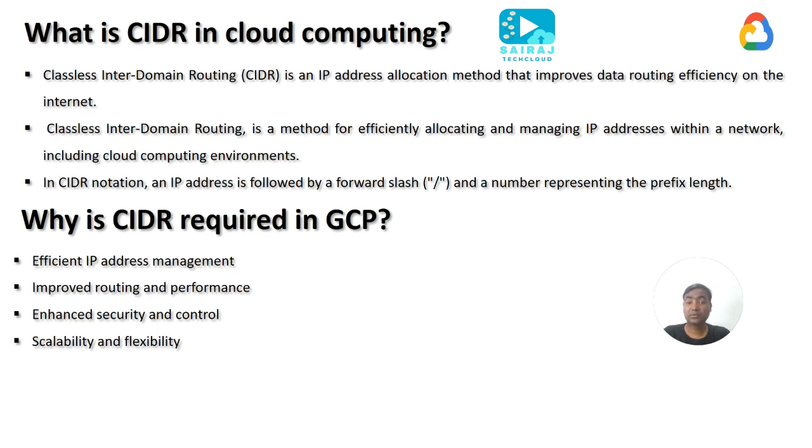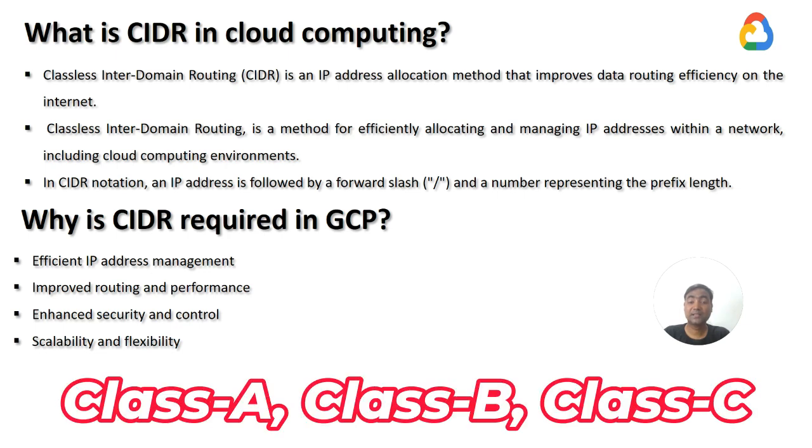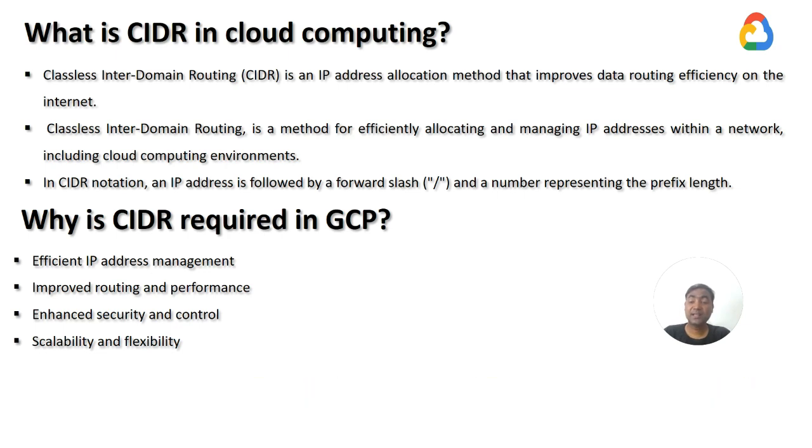CIDR allows for more flexible allocation of IP addresses than the traditional method based on classes like class A, class B and class C. CIDR is a method for efficiently allocating and managing IP addresses within a network, including cloud computing environments. In CIDR notation, an IP address is followed by a forward slash and a number representing the prefix length. The prefix length indicates the number of bits in the network portion of the address.